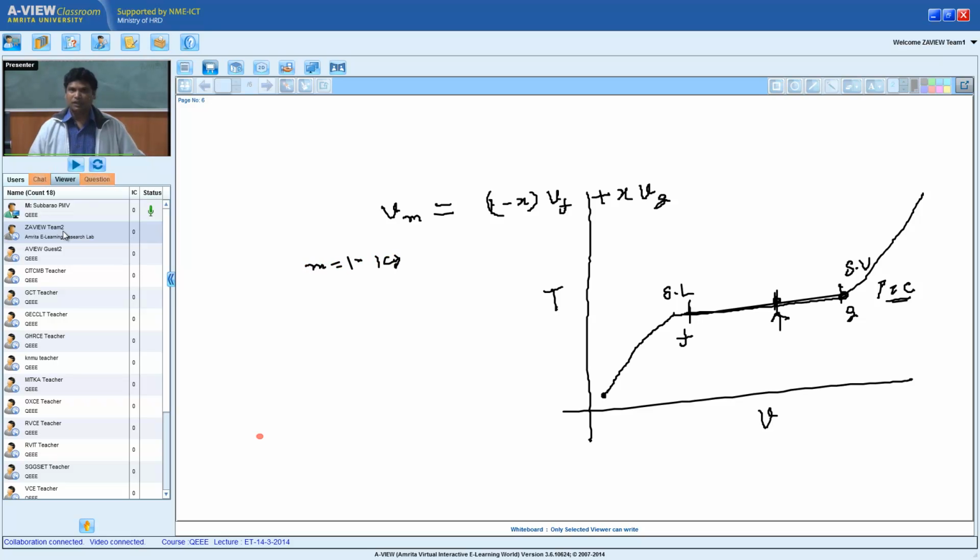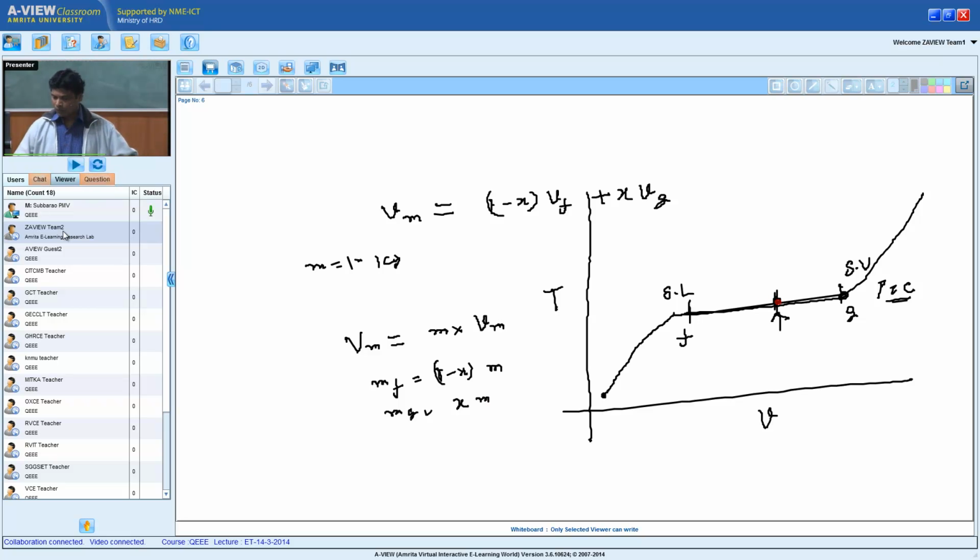Then the volume of 10 kg of mixture will be mass into the volume of mixture. Suppose I want to know in this 10 kg how many kgs are steam, how many kgs are liquid, then I always have mf equal to (1 minus x) into m, where m is the total mixture, and mg equal to x into m. So that's how the volume of a mixture is found.